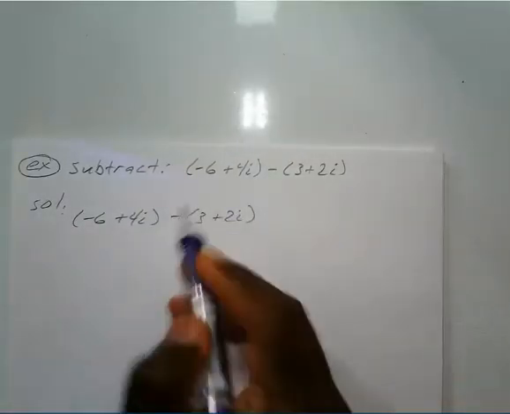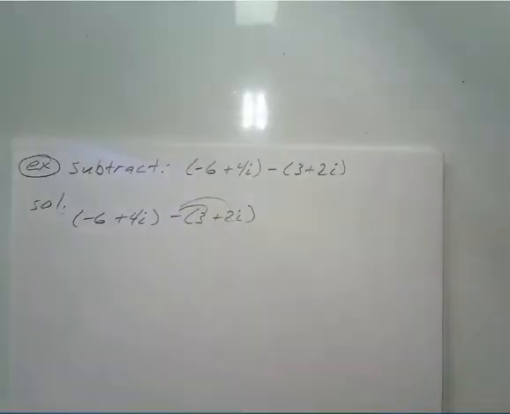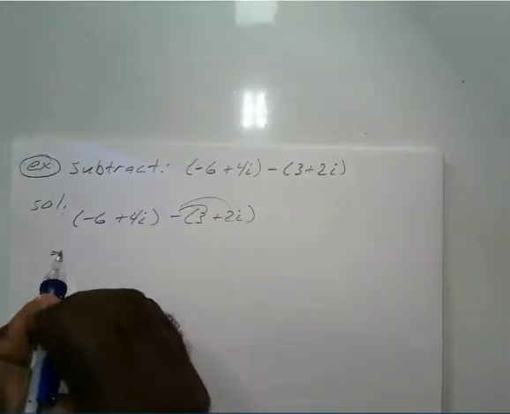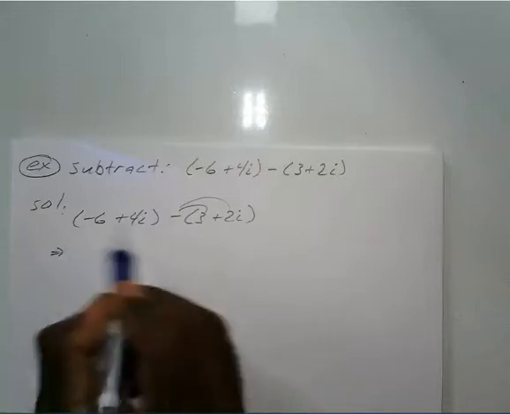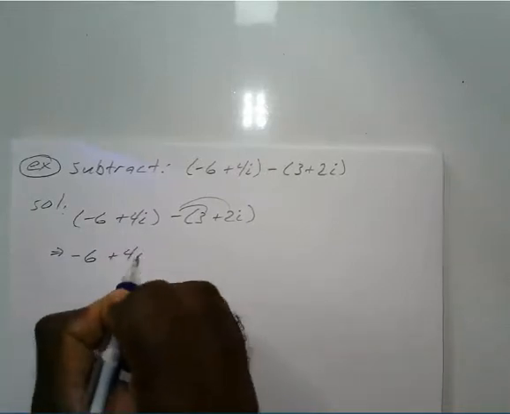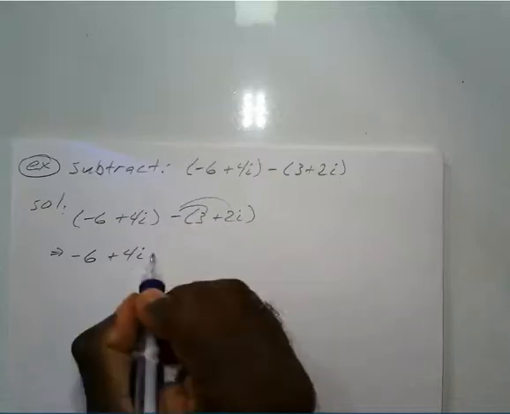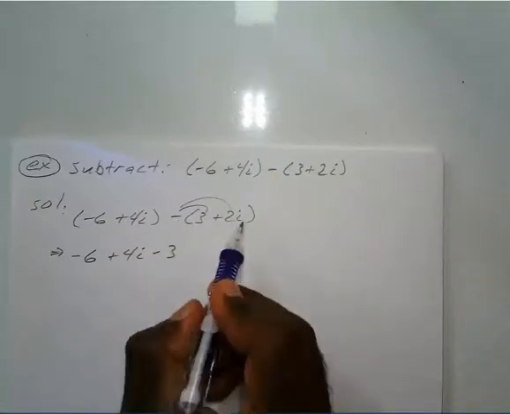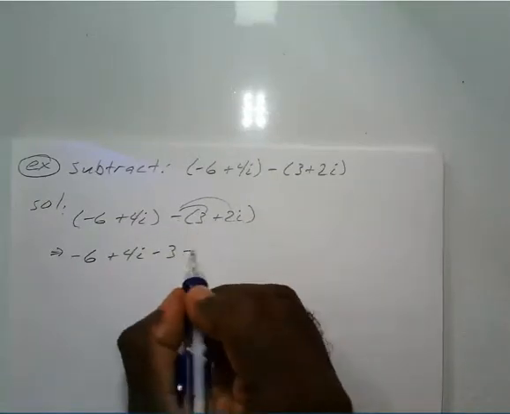Now since this is negative, we're going to distribute that like a negative 1. This first part is positive, so we can drop the parentheses. So you have negative 6 plus 4i. Negative 1 times 3 is minus 3. Negative 1 times 2i is minus 2i.